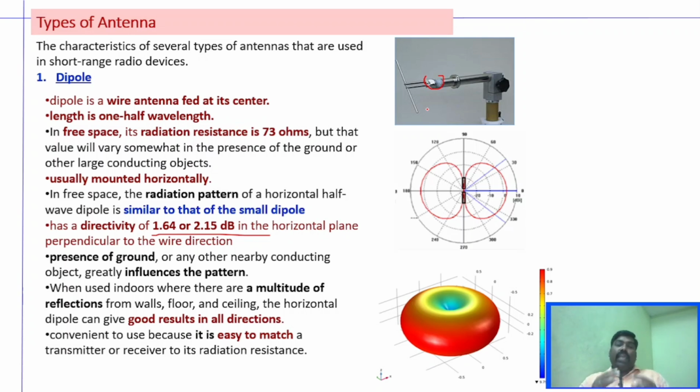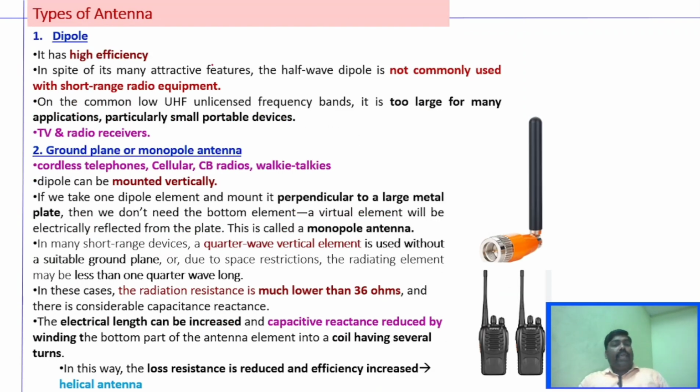And it is very convenient to use because it is easy to match between transmitter and receiver to its radiation resistance. And in spite of its higher efficiency, in spite of its attractive features, this is not commonly used for short range devices because of its length, because it's too large for many applications of portable devices.